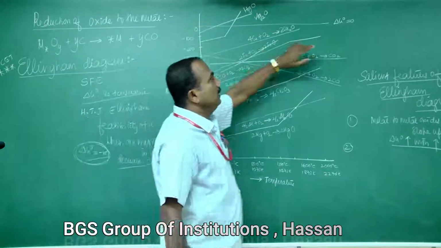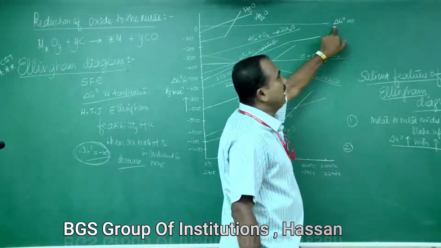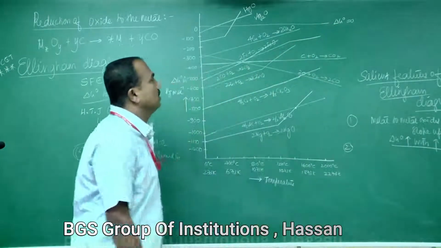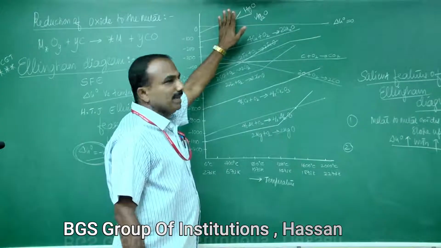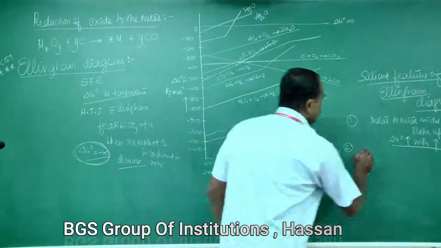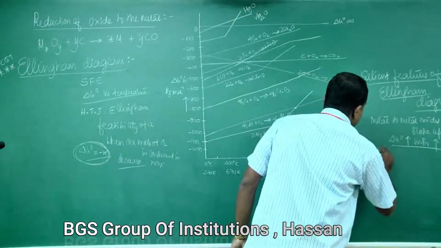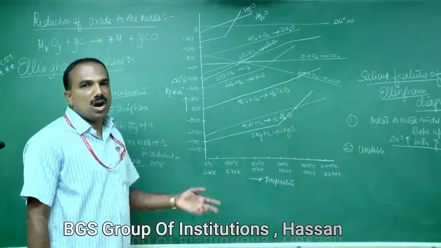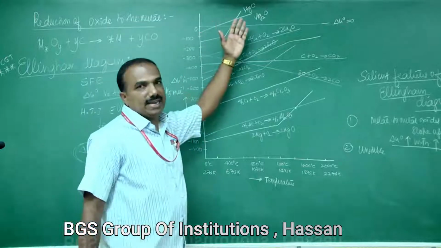If they cross the delta G naught is equal to 0 line, these two metal oxides become unstable and can decompose on their own, that is auto reduction, without a reducing agent.